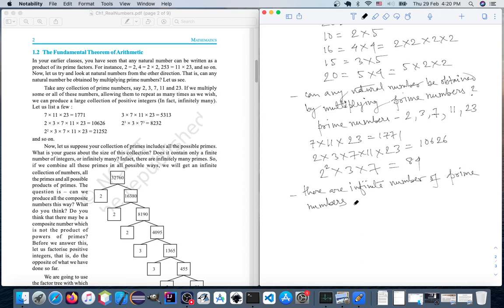The question is, can we produce all the composite numbers this way?